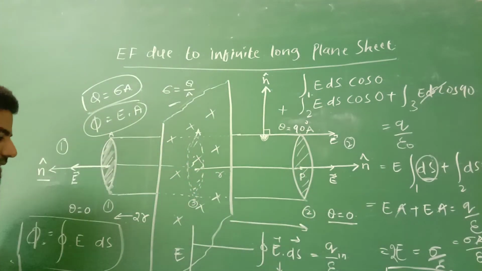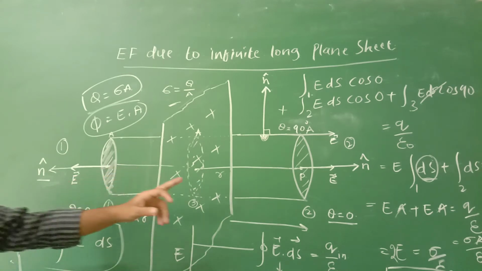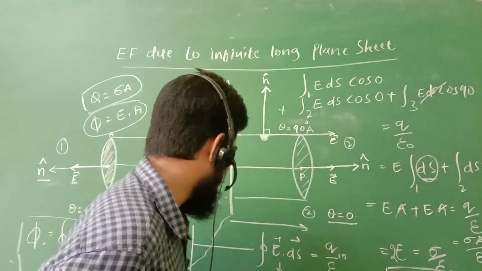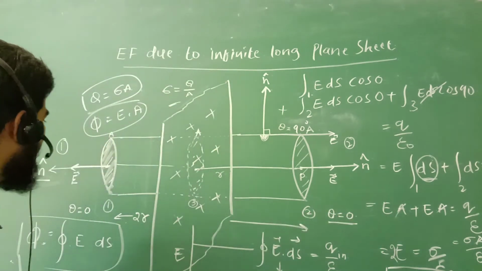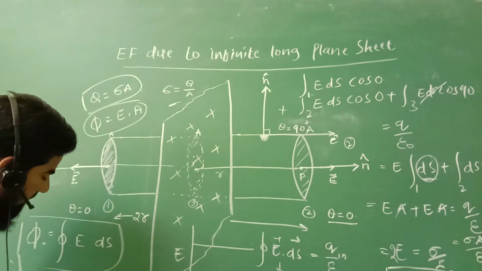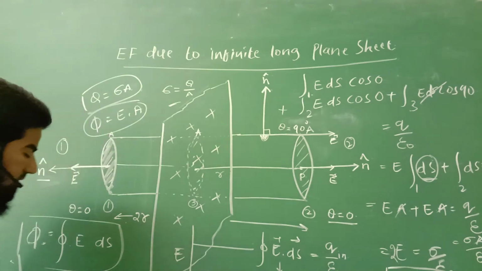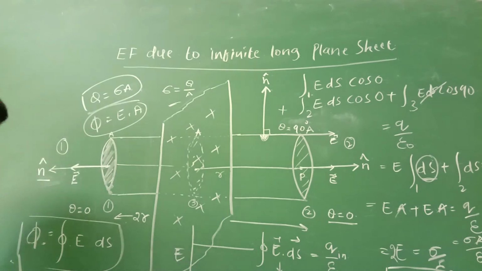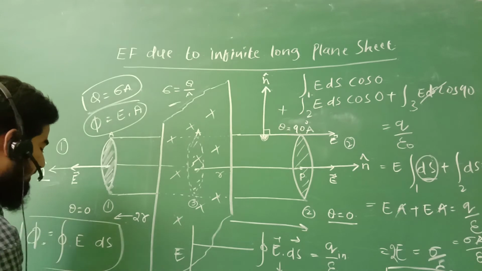One more thing, E is common everywhere. Suppose I draw the graph here, E versus the distance R. See here, the graph will be a straight line.